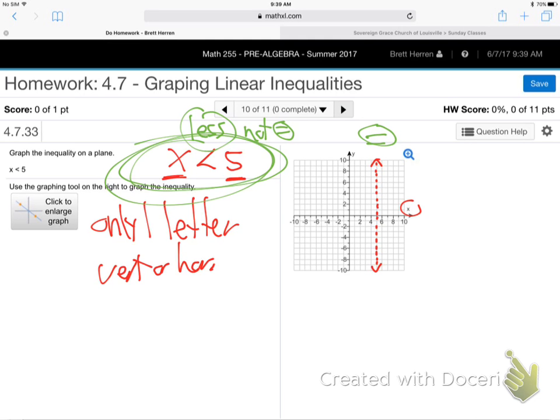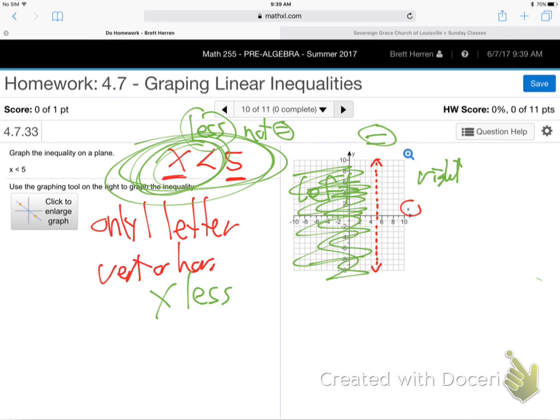All we can think is right or left. So this is the right. This is the left. What does this say? X less. Where's the lesser stuff on the x-axis? Where are the lesser numbers? Over here, to the left. Does that make sense?